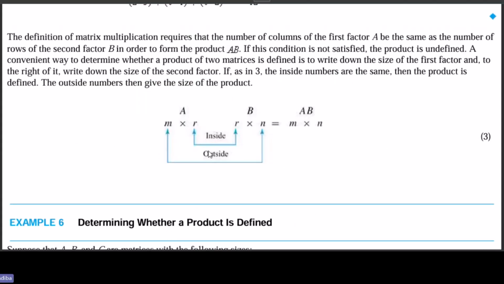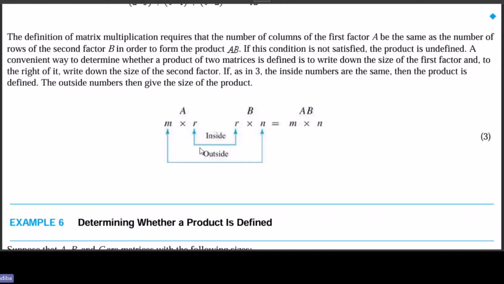Okay, now, this is what we already talked about. For us to be able to multiply the two matrices, please look at matrix A and matrix B. In matrix A, M is the number of rows, R is the number of columns. Then in matrix B, R is the number of rows and N is the number of columns.